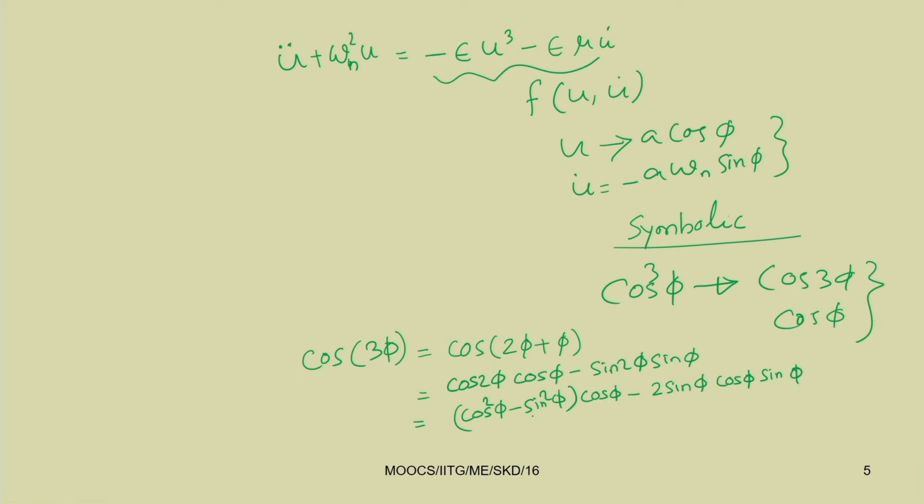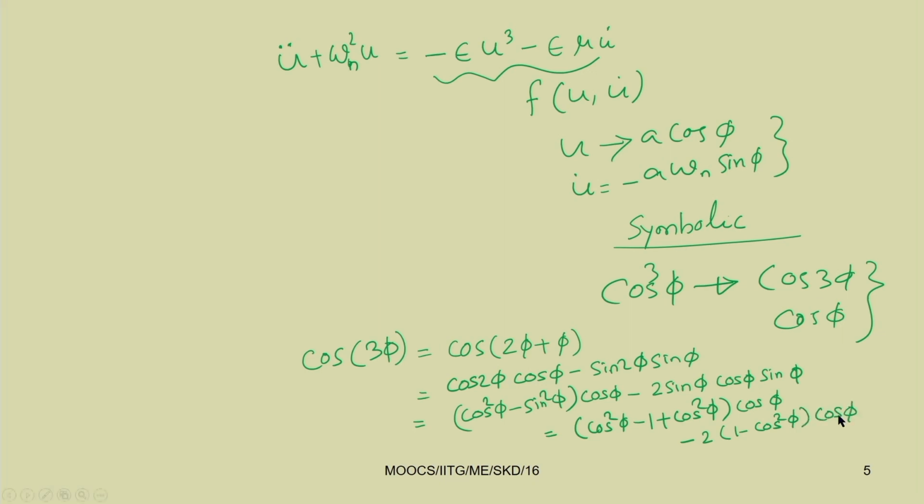Here again, for sin square phi you can write 1 minus cos square phi. So, this becomes cos square phi minus 1 plus cos square phi, into cos phi, minus 2 sin square phi cos phi, where sin square phi is 1 minus cos square phi.